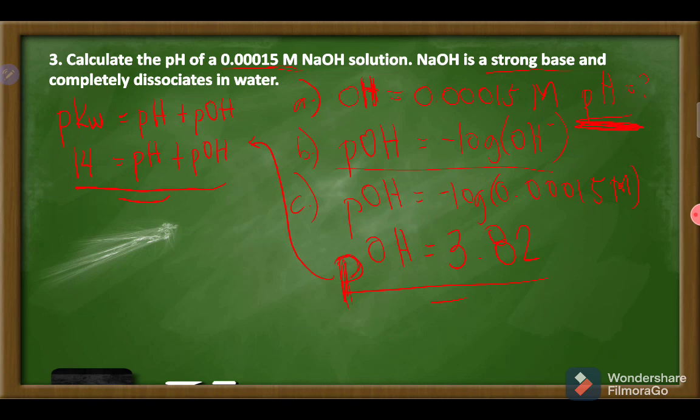So, substituting now the values, we have 14 is equal to pH plus 3.82. Now, in order for us to have the pH on one side of the equation, we need to transpose 3.82 to the other side. So, we have pH is equal to 14 minus 3.82.